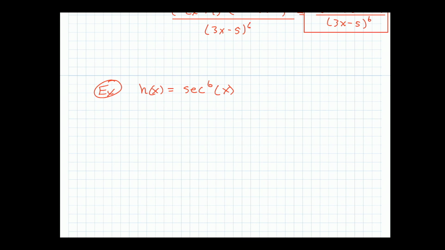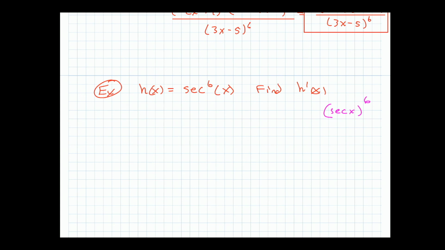So when you see this, right, and we want to find, of course, h prime, remember what you're supposed to do with these. You're supposed to be thinking of the functions from the outside in. And remember, when you see a trig function to a power, it's actually like this, right? That's what you should think of.